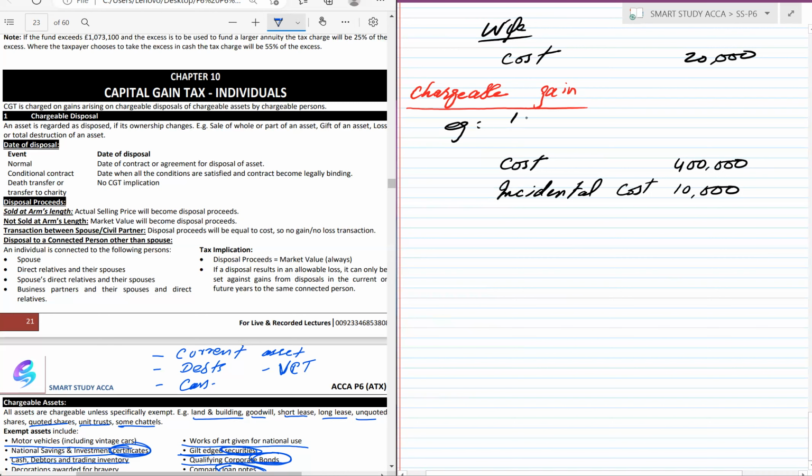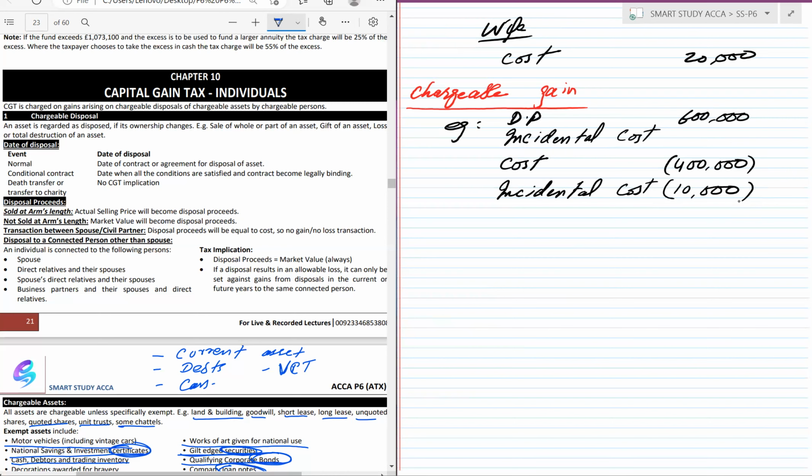Then disposal proceeds, the selling price. Suppose we have sold this asset after a few years for £600,000. The same applies to incidental costs at the time of sale. Maybe we pay commission to the agent, any type of tax, or valuation charges.